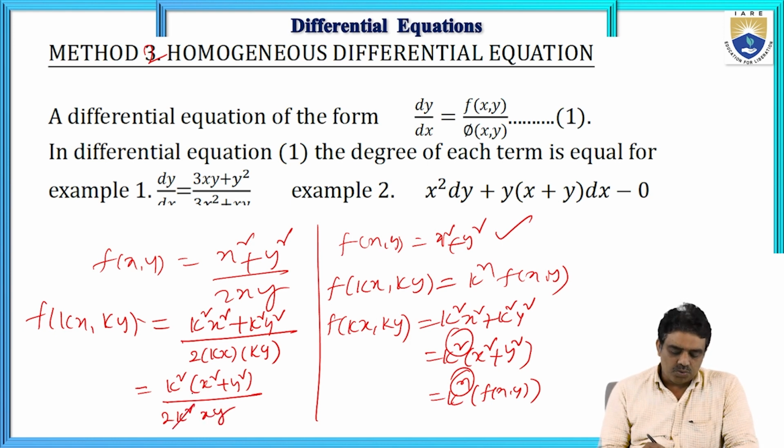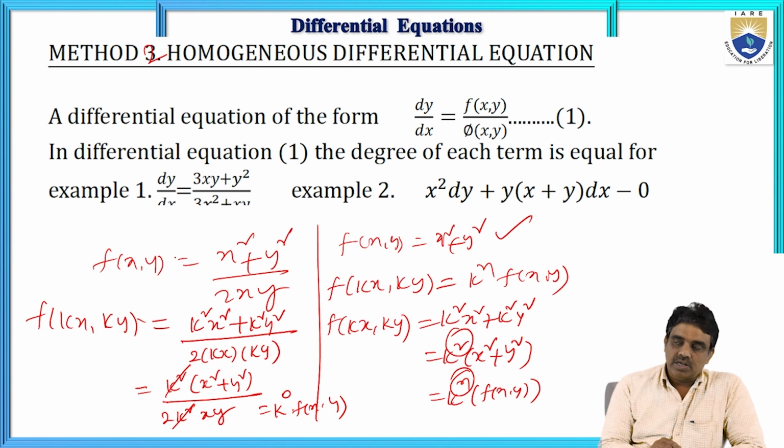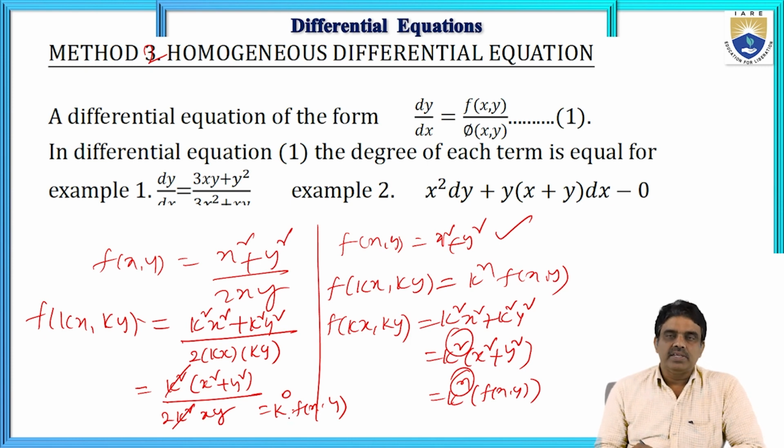So k power 2 gets cancelled. It is k power 0 into f of x, y. Isn't it? x square plus y square by 2xy is a function of x, y. So it is k power 0 into f of x, y, and I say that it is a homogeneous function of degree 0.